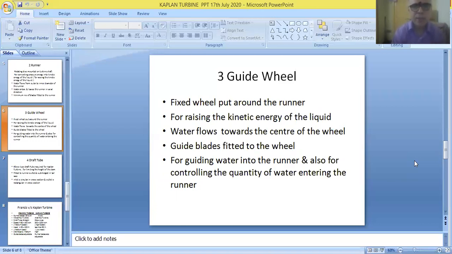These guide blades will be guiding water into the runner in the required direction, and they are also useful for controlling the quantity of water entering the runner. Finally, this guide wheel mechanism is also used for raising the kinetic energy of the liquid.